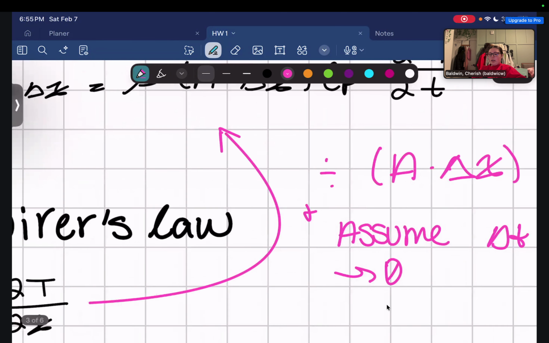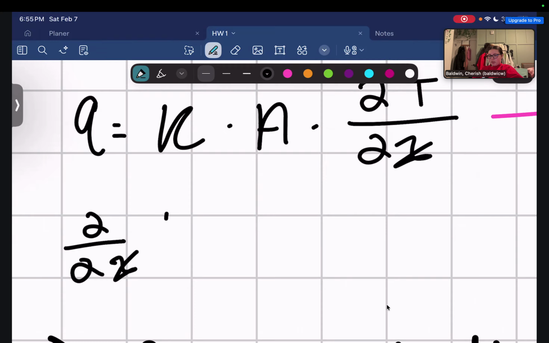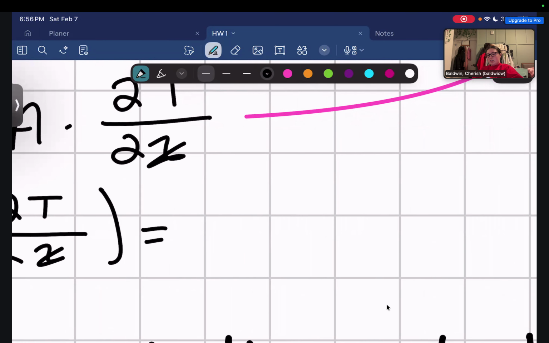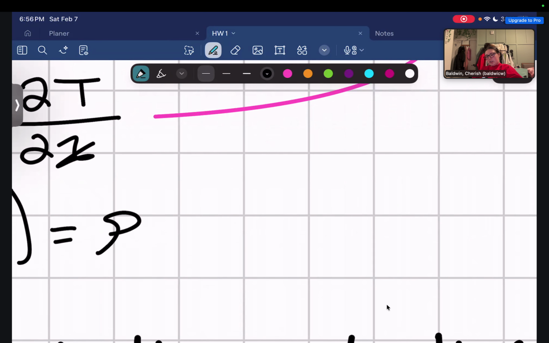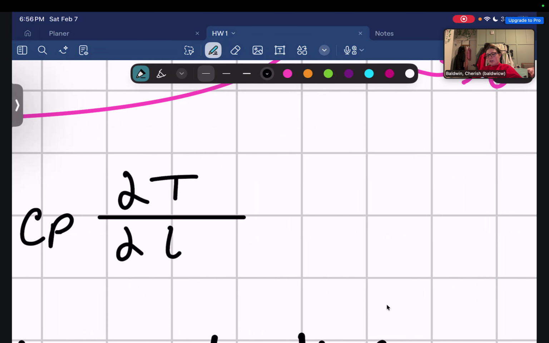So that gives us the partial derivative of x times conductivity, partial derivative of temperature over x, equals density times heat capacity times the partial derivative of temperature over time.